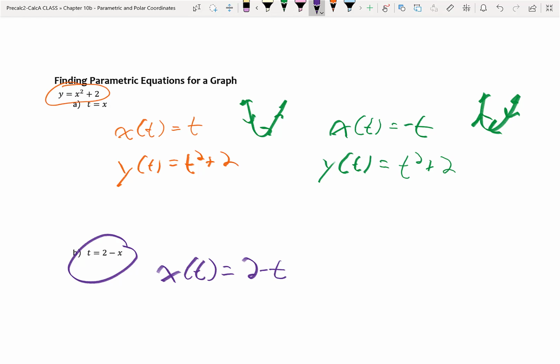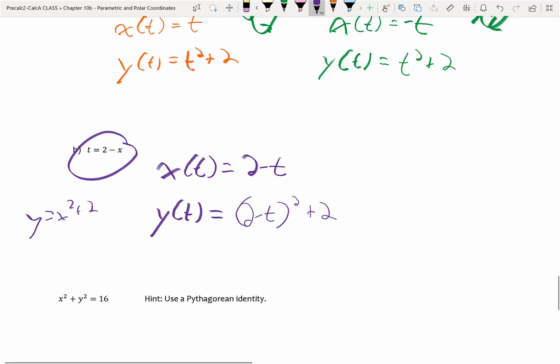I won't cry if you don't put the x of t or y of t, but I prefer it. I know that y of t is then equal to 2 minus, let's see, y was x squared plus 2. We're still in that same problem. X is equal to 2 minus t, so this is 2 minus t squared plus 2.